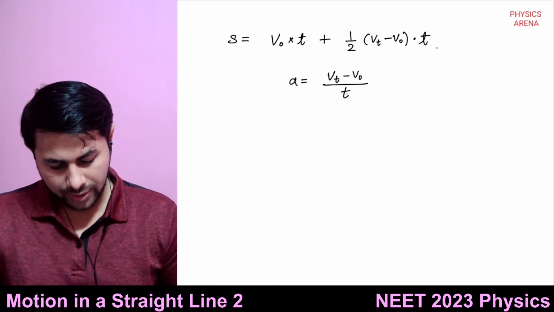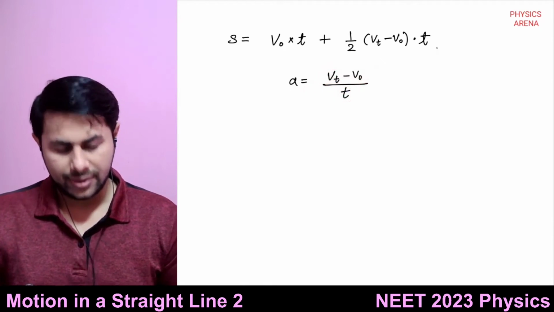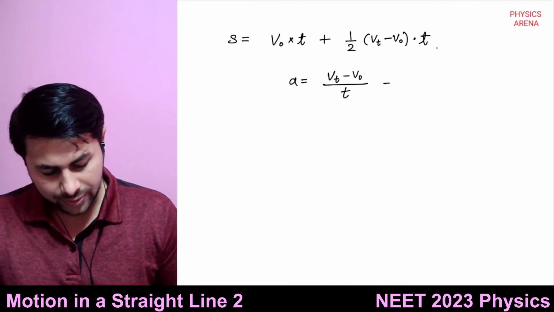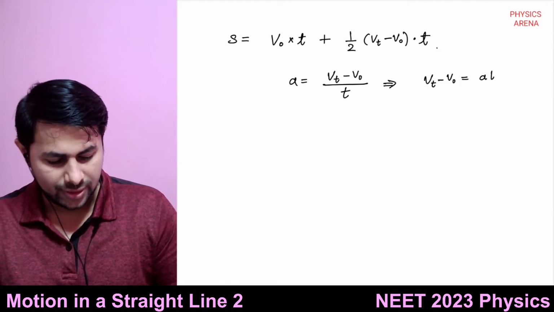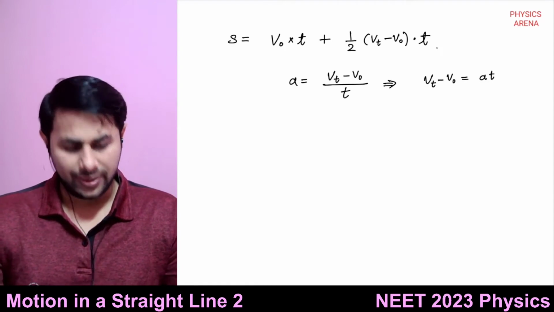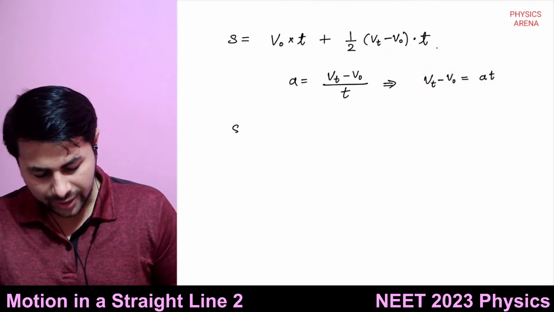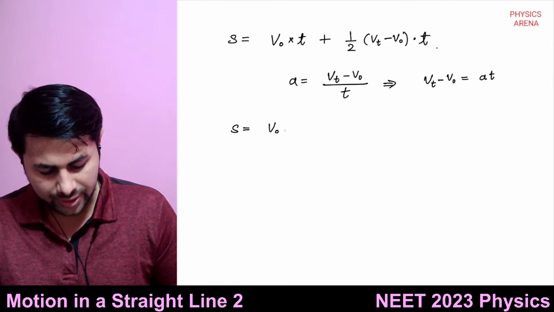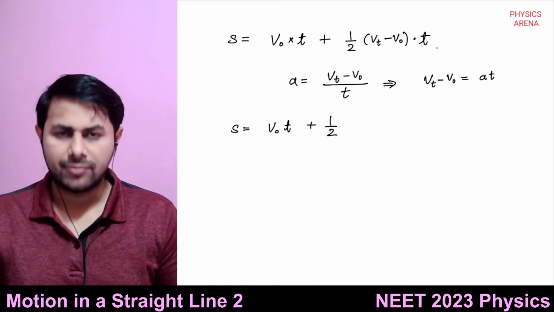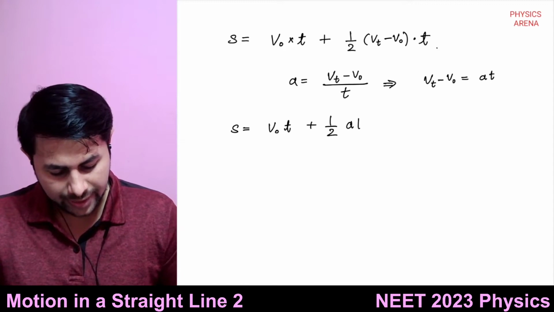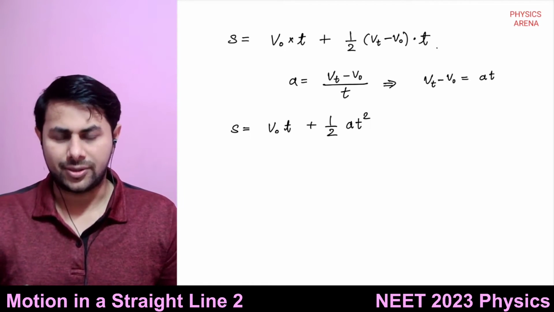If I take this t on the other side, Vt minus V0 equals A times t, and I can substitute that over here. So I get s is equal to V0 times t plus half A times t squared. So this is your second kinematic equation of motion.